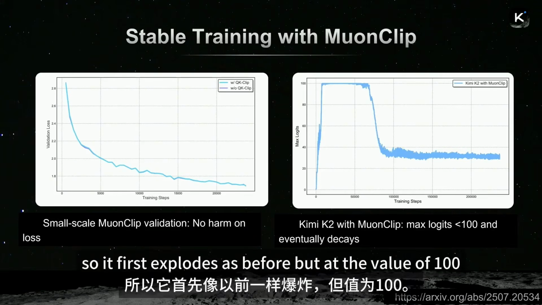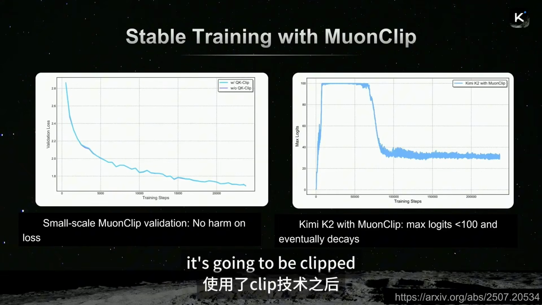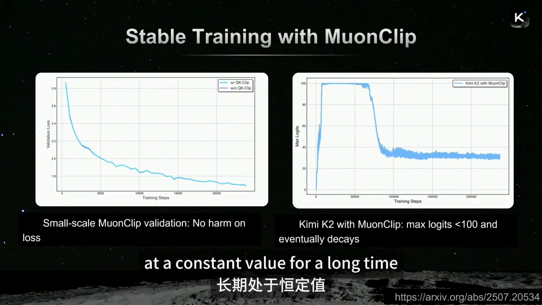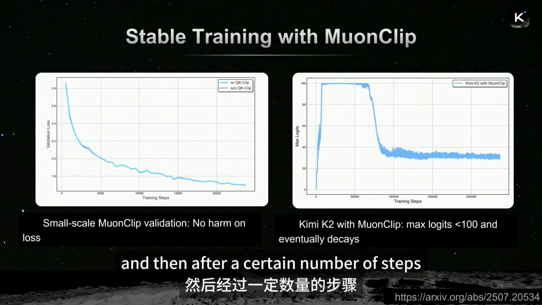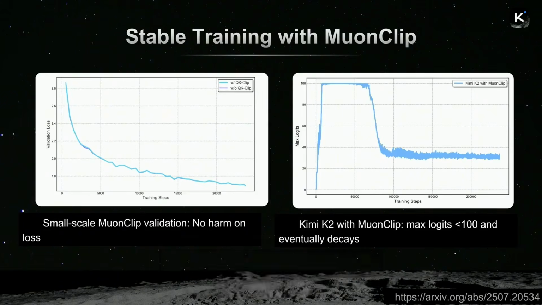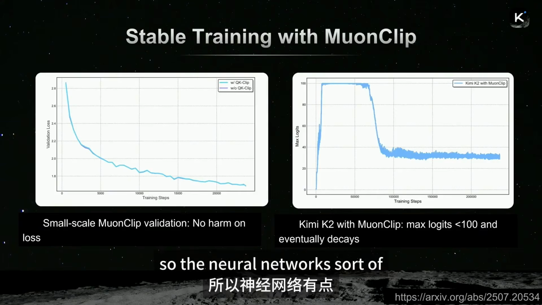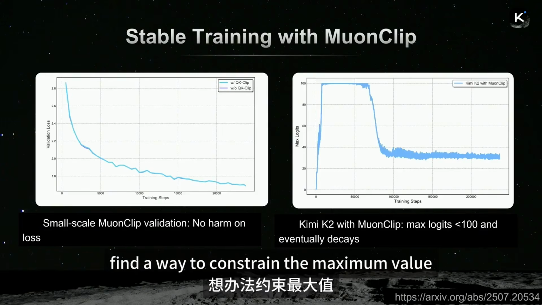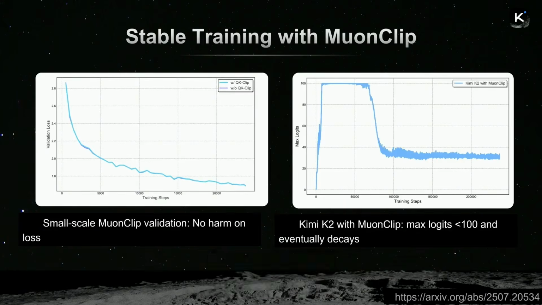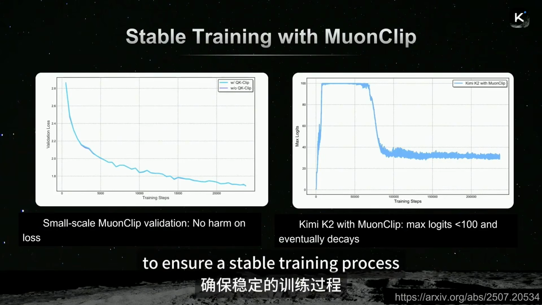It first explodes as before, but at the value of 100, it is clipped at a constant value for a long time. And then after a certain number of steps, it just naturally goes down. So the neural network finds a way to constrain the maximum value of the max logit to ensure a stable training process.